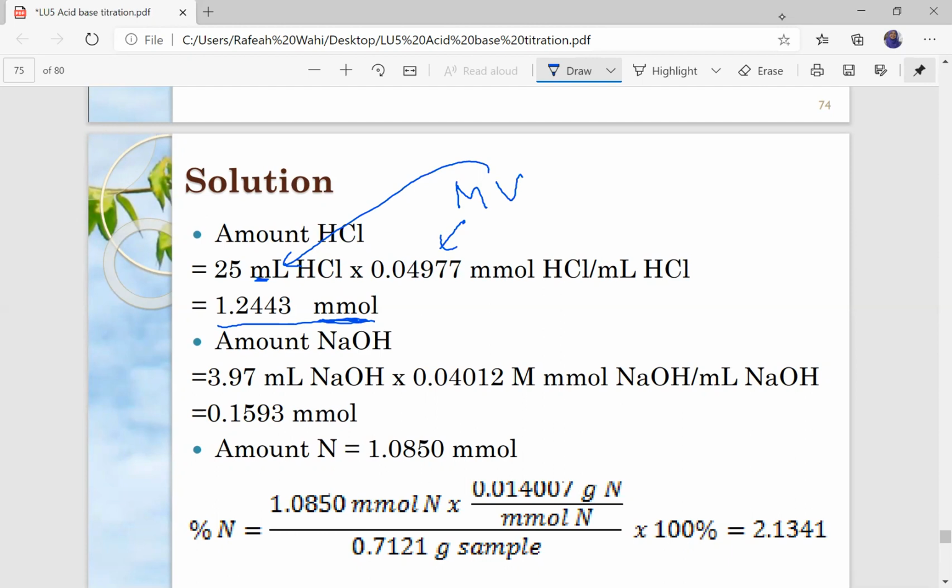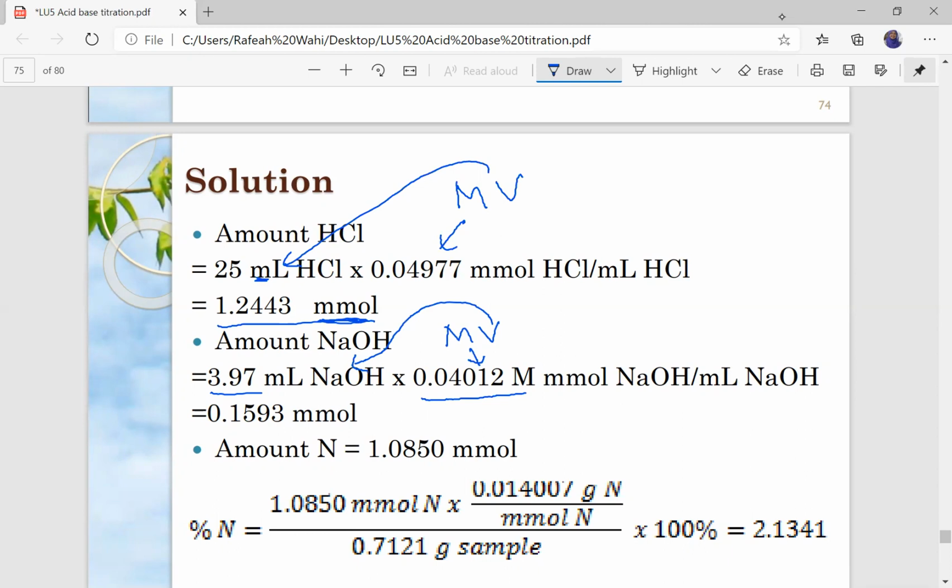Now you calculate the amount of NaOH. The amount of NaOH is also MV. The concentration of NaOH is 0.04012. The volume is 3.97 ml. So you have 0.1593 millimole.